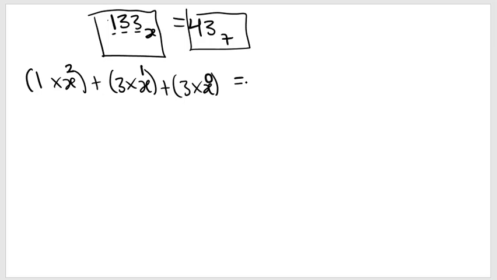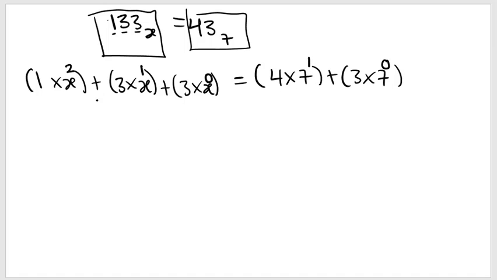So this will be equal to the right hand side, that is 4 times 7 plus 3 times 7. The same thing: the base, that was the 7, we number its exponent starting from 0 from right to left. So we get our 0 here, put our 1 here.